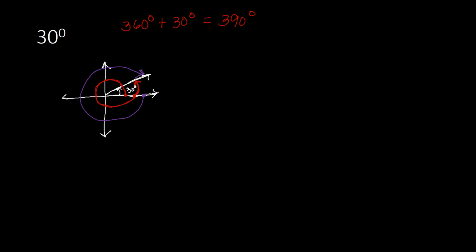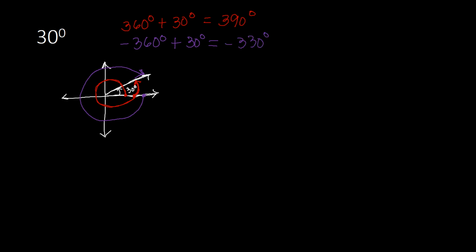Here we are doing one complete revolution minus the 30 degrees. But since we are going in the opposite direction, one complete revolution is negative 360 degrees, and then we add our 30 degrees. That makes negative 330 degrees.